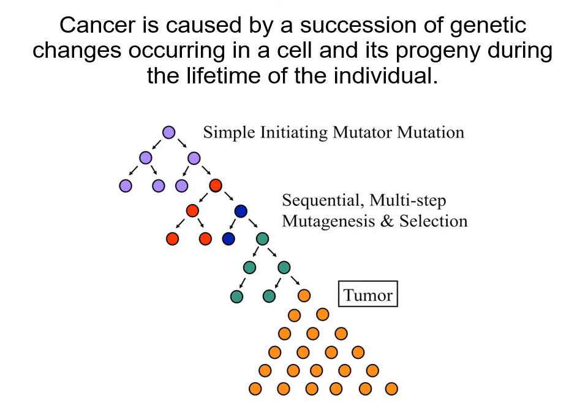Okay, so here's one way of representing cancer as it is caused by a succession of mutations occurring during the life of the person. The purple little dots say there's a simple initiating mutation that has occurred, but as that cell continues to divide, it can acquire a second mutation in a subpopulation, and then a third and a fourth, eventually, until the cell acquires a significant number of mutations that lead to excess proliferation and the formation of a tumor.